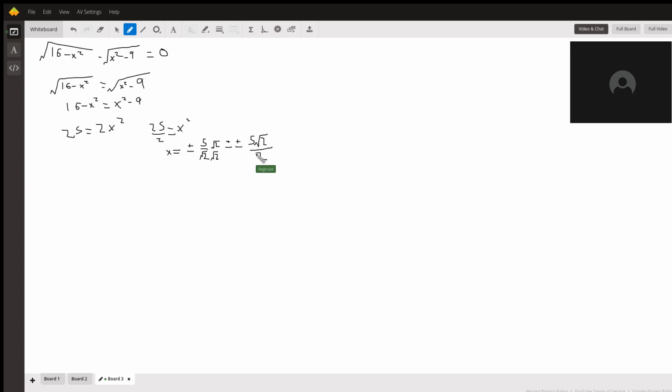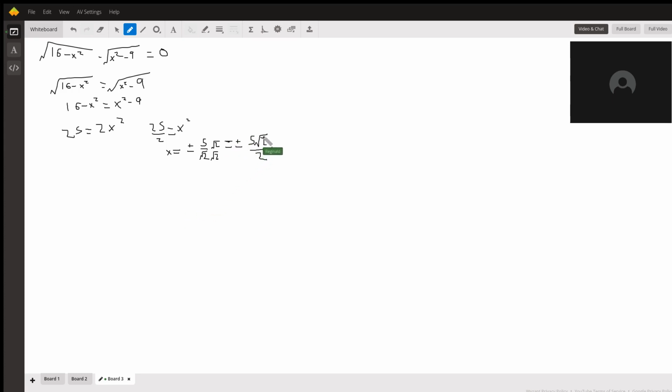All right, so I'm going to cheat a little bit. Well, not cheat. I'm going to use my calculator to see what this number comes out to be. This is an equal sign.